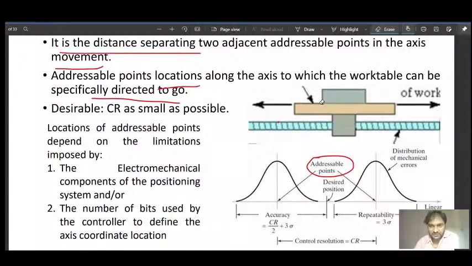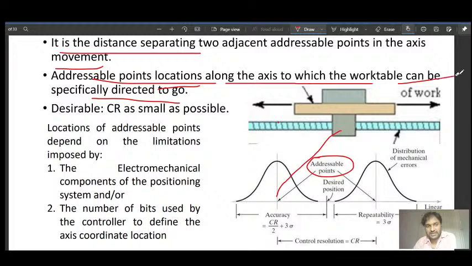So what we have here: addressable points are locations along the axis to which the work table can be specifically directed to go. Here we have directed it to go, but in terms of variation, we are expecting the table to be here, but there would be some variation.